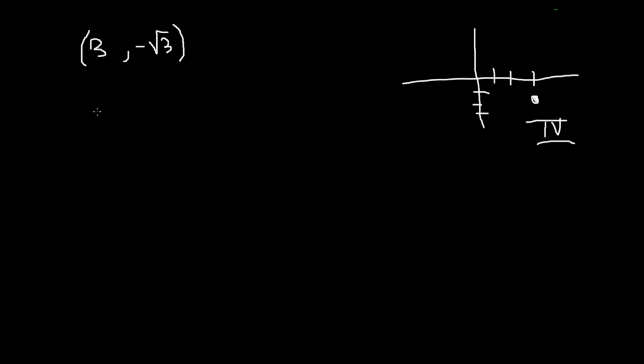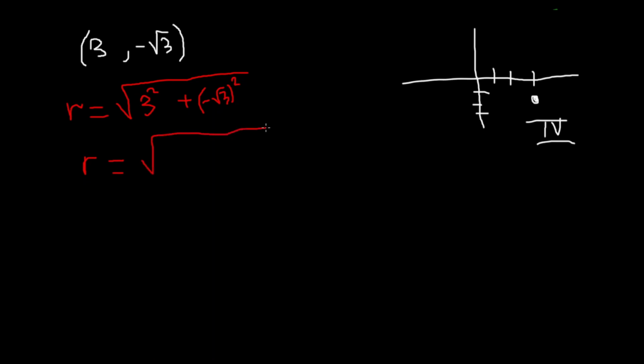So let's find the r value. We can use the same equation as before. We plug in the x value and the y value: 3 squared plus negative square root of 3 squared.